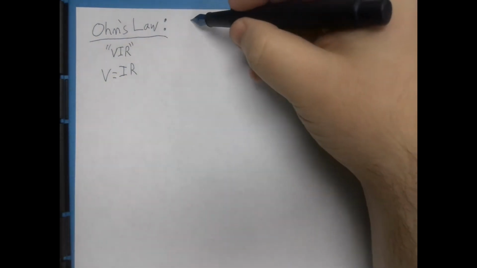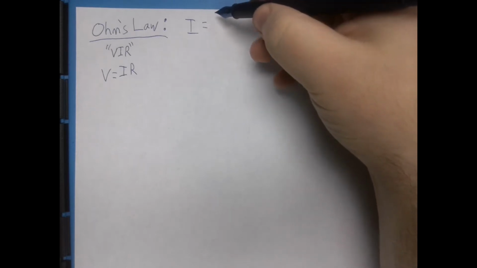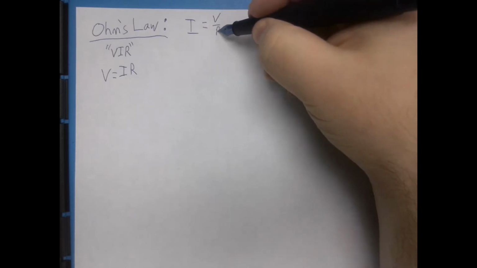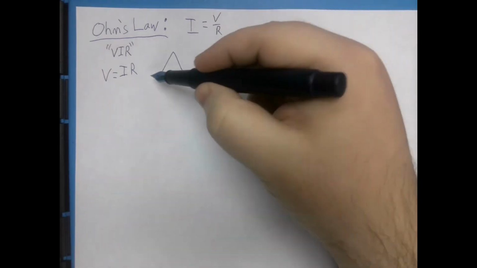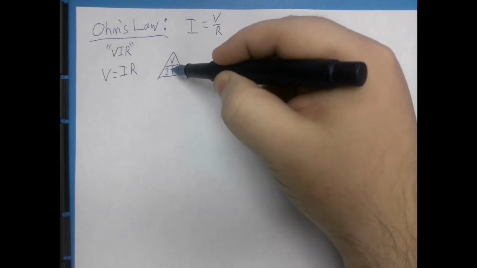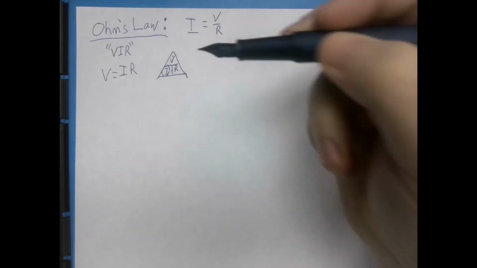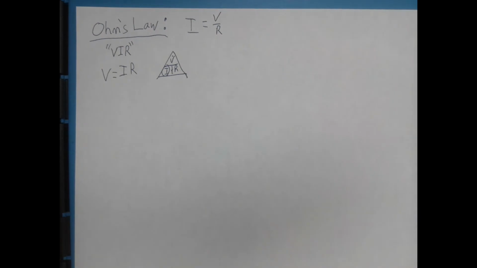It is technically, however, current is equal to voltage over resistance. So if you remember VIR, so V equals I times R, solve for current, voltage over resistance. So you'll need to remember Ohm's law.